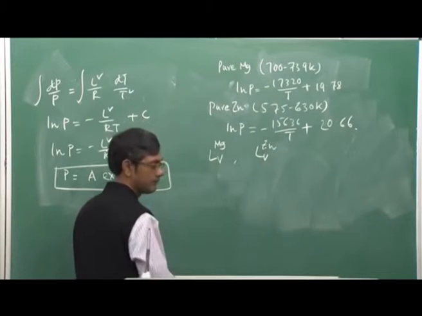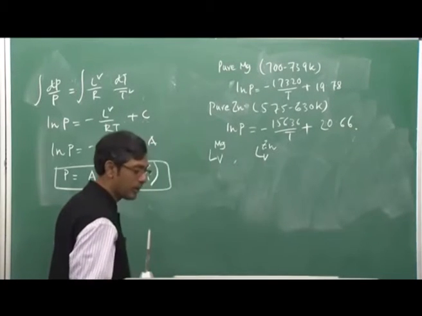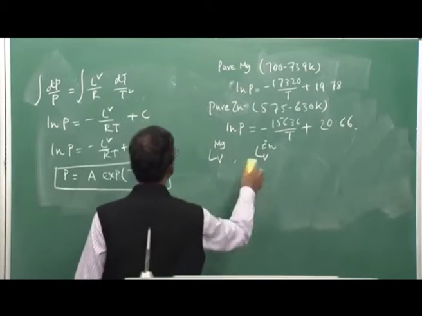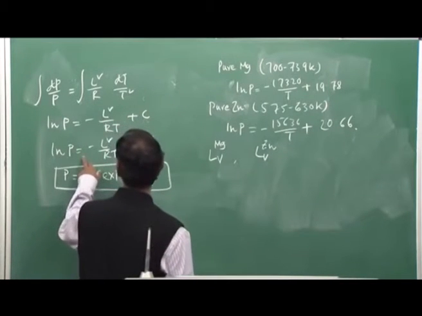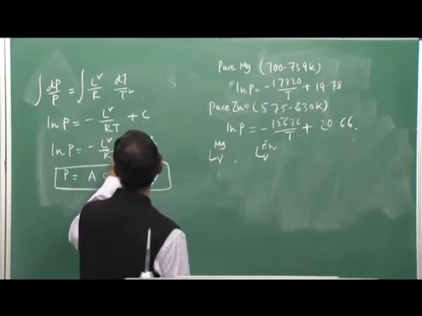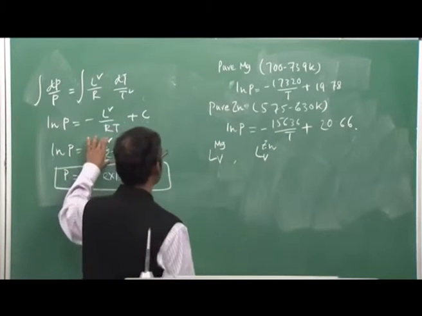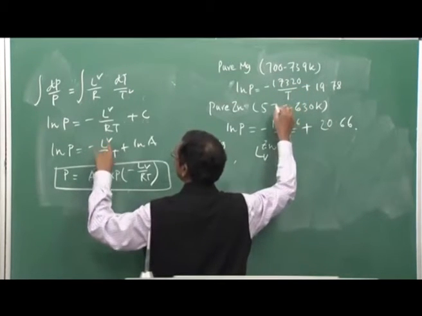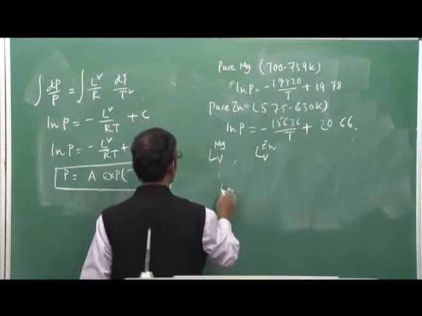How will you do that? It is very simple, anybody can do that, there is no problem. I have to compare this expression with this, okay. This one: log of pressure is equal to minus LV by RT plus log of A. So this term, 17,320 divided by temperature, is equal to LV by R, correct. So let us do it for magnesium first.